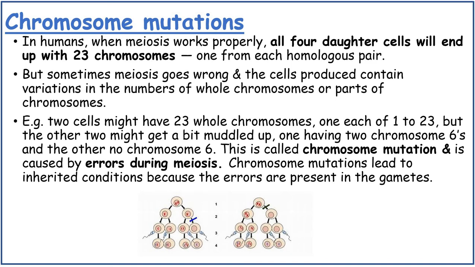For example, 2 cells might have 23 whole chromosomes, one each of 1 to 23, but the other 2 might get a bit muddled up, one having 2 chromosome 6s and the other having no chromosome 6s. This is called chromosome mutation and is caused by errors during meiosis. Chromosome mutations lead to inherited conditions because the errors are present in the gametes.